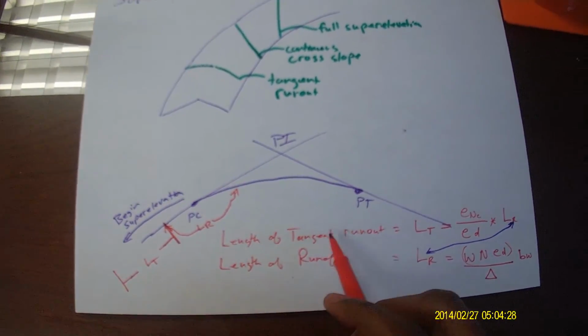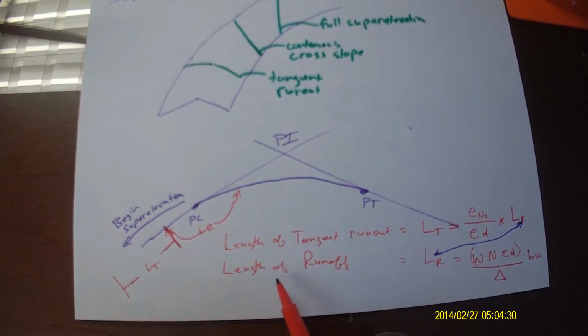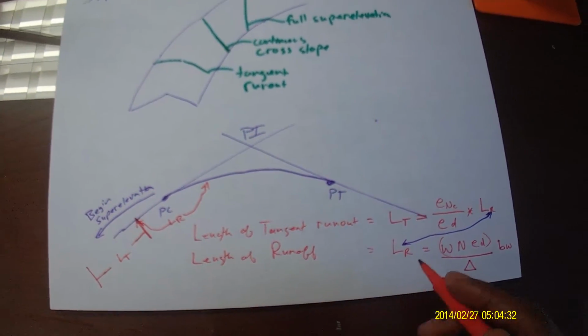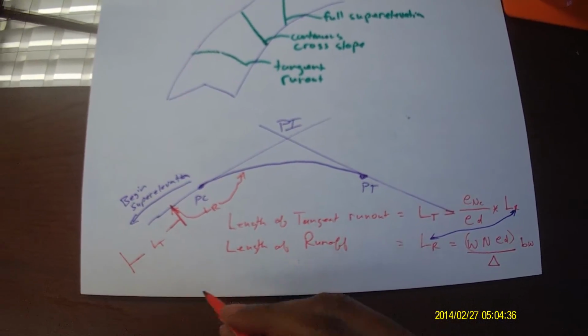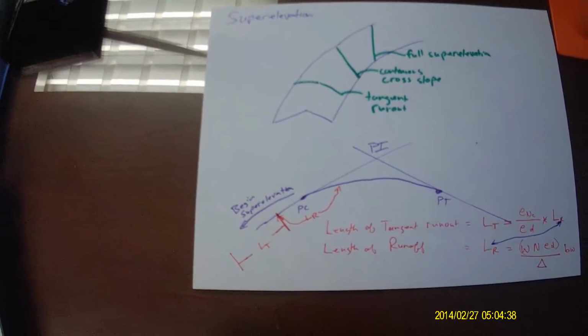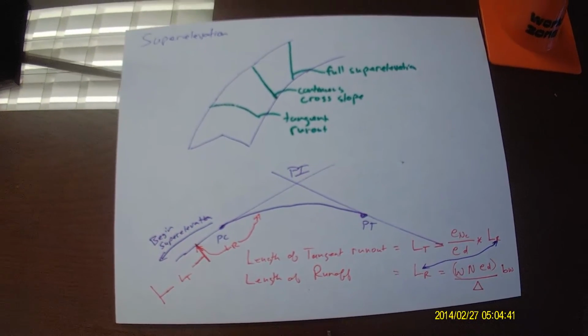So first you have your length of tangent runout, then you have your length of runoff, and then those combined lengths is the length required to take a road from a normal cross slope to a super elevation.